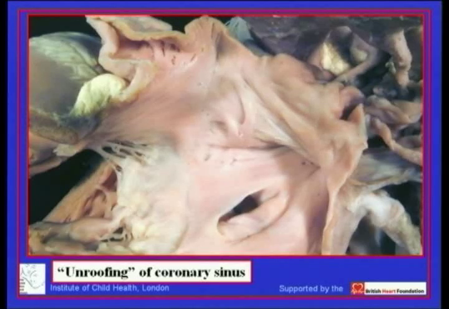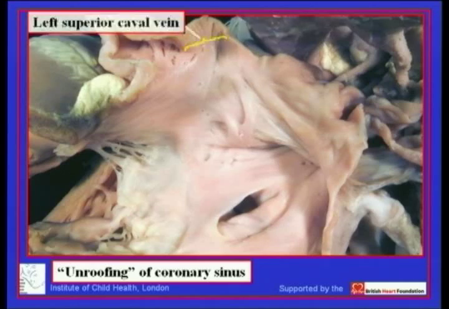And the extreme of that is so-called unroofing. And I show you that here from the left side. I'm going to show you this again tomorrow in the setting of coronary sinus interatrial communication. But to orientate you, again, we're looking at the heart from behind, and hopefully you will now recognize that this is the mitral valve leading into the left ventricle.